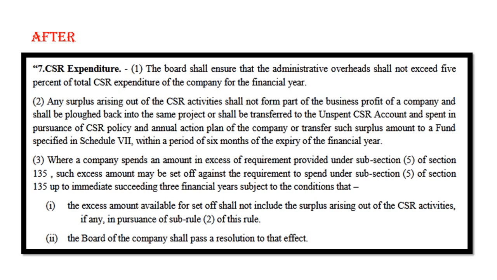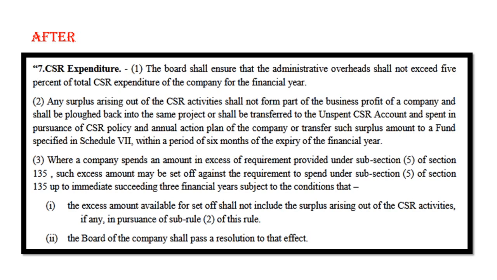Now, sub-rule 3 states that if a company spends an amount in excess of the requirement provided under sub-section 5 of Section 135, you're spending excess, such excess will be used as a set-off for up to the immediate succeeding 3 financial years, subject to certain conditions.